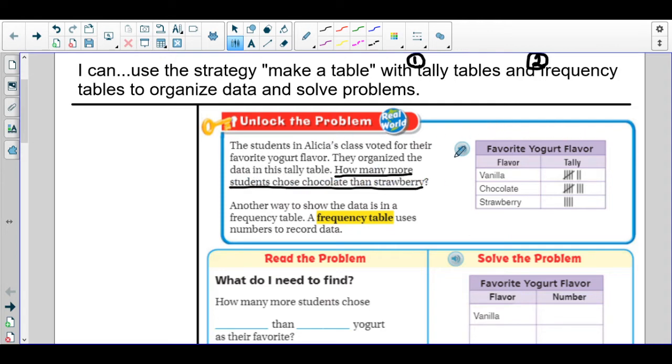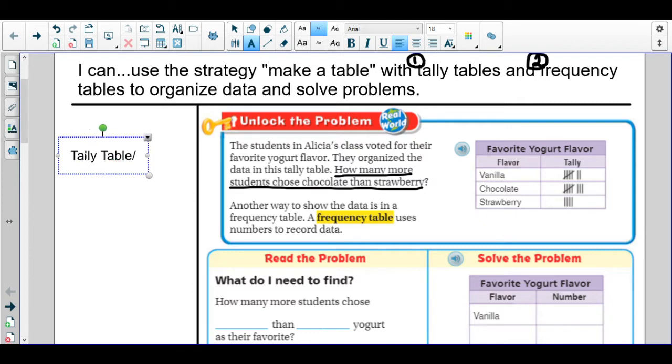And this right here is called a tally table, or some people say a tally chart. We use little tally marks or markings.